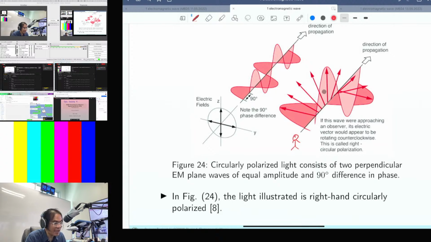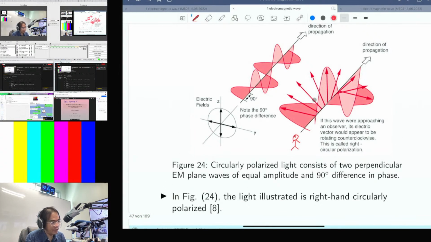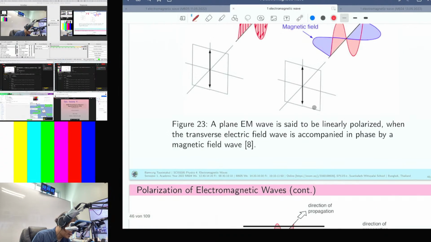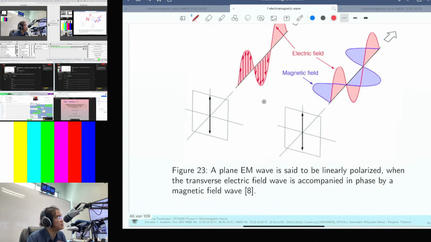If you lay your thumb in the direction of travel, your remaining fingers will be in the same direction as the rotation of the E field in this one. Okay, it's a little bit more complicated than the fixed polarization, vertical or linear polarization like this.